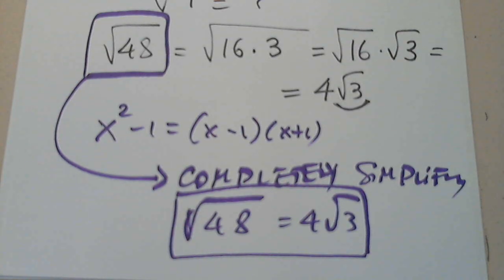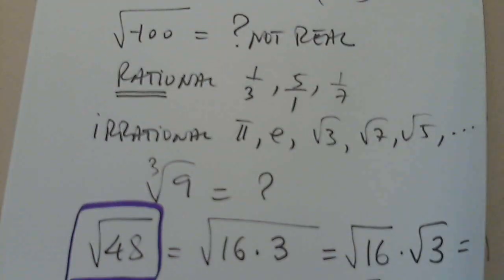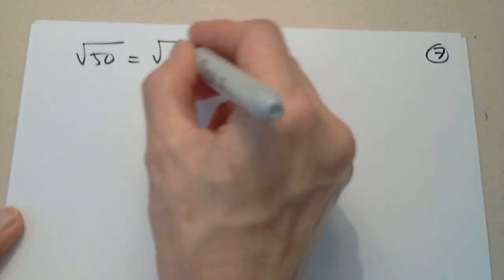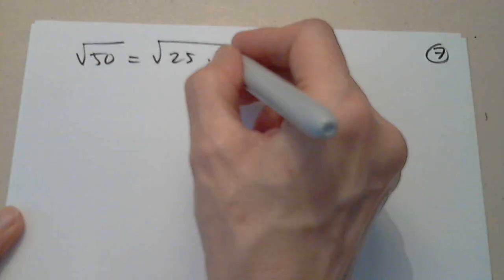Is this also rational or irrational? Irrational. Yes, it is irrational. And the simplified form is not a decimal rounded to 2 decimal places. Exactly. How would you break it up? 25 times 2.